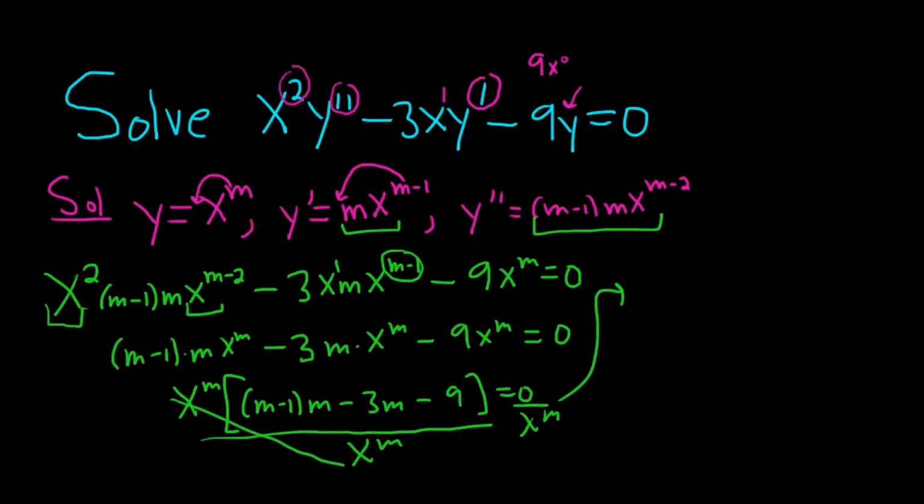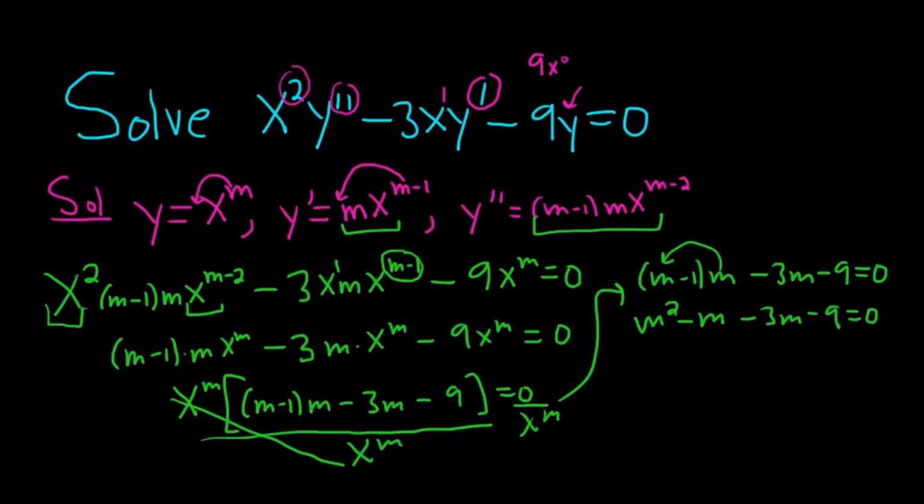So we get m minus 1 times m, then minus 3m minus 9, and that's equal to 0. We can distribute the m, so we get m squared minus m minus 3m minus 9, and that's equal to 0. Good stuff. Let's see, we can combine like terms now. So m squared minus 4m minus 9, and that's equal to 0.